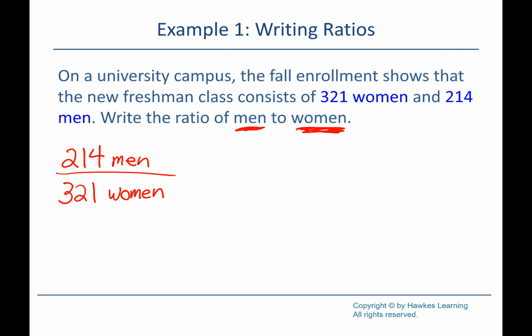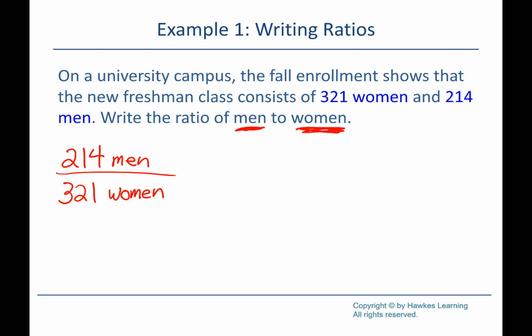One thing we typically like to do, if we can, instead of leaving our numbers like they are, we want to look to see if we can simplify and reduce our ratio. It's just like simplifying a fraction. We would look to see if any number goes into the top and in the bottom. And this one's not real easy to pick out. But 107 will go into the top and in the bottom. And you're forgiven if you didn't notice that.